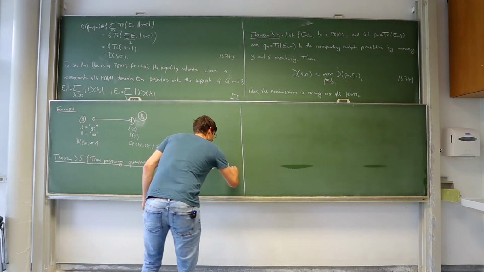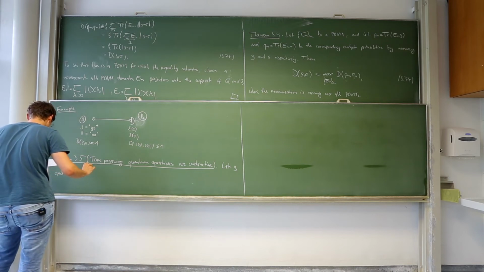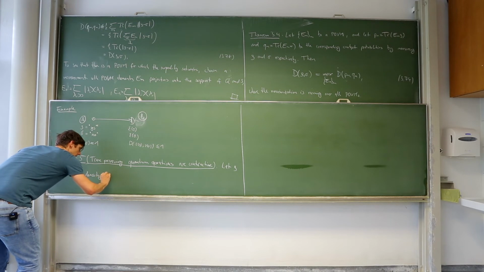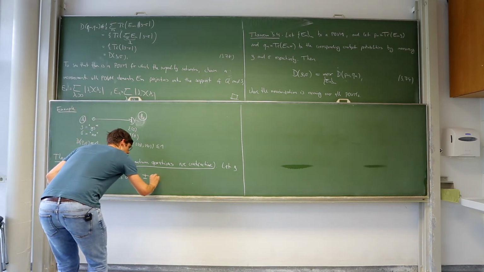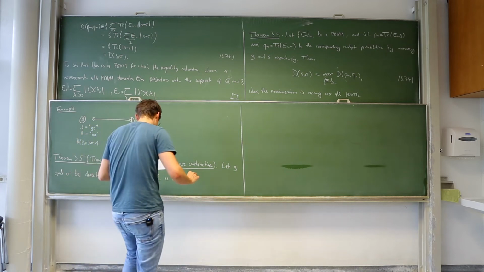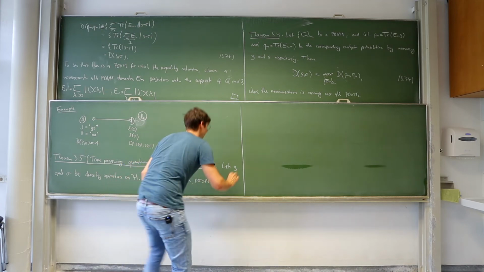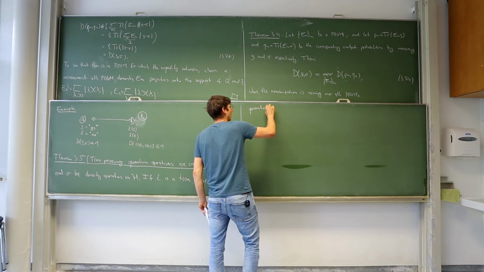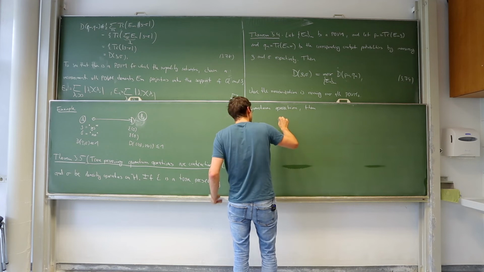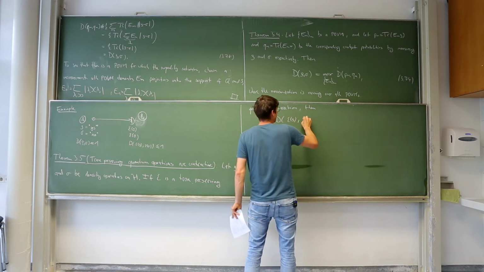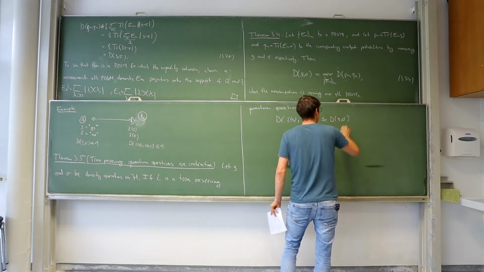So let rho and sigma be density operators on the Hilbert space H. Then if E is a trace-preserving quantum operation, then we have that the distance between E of rho and E of sigma is smaller or equal to d of rho and sigma.